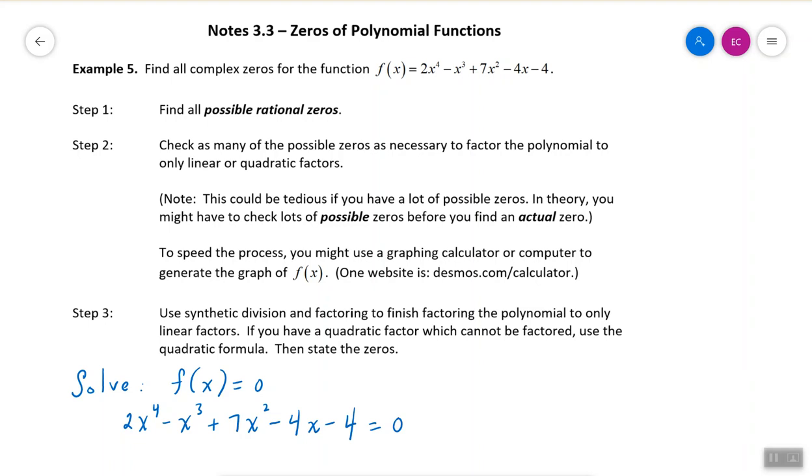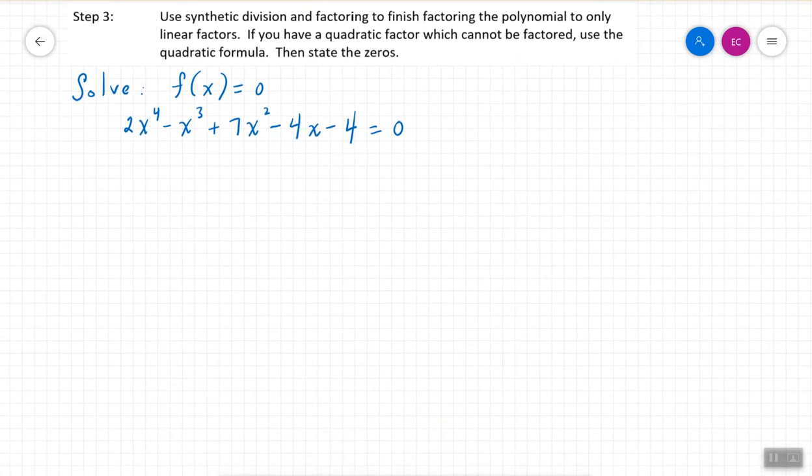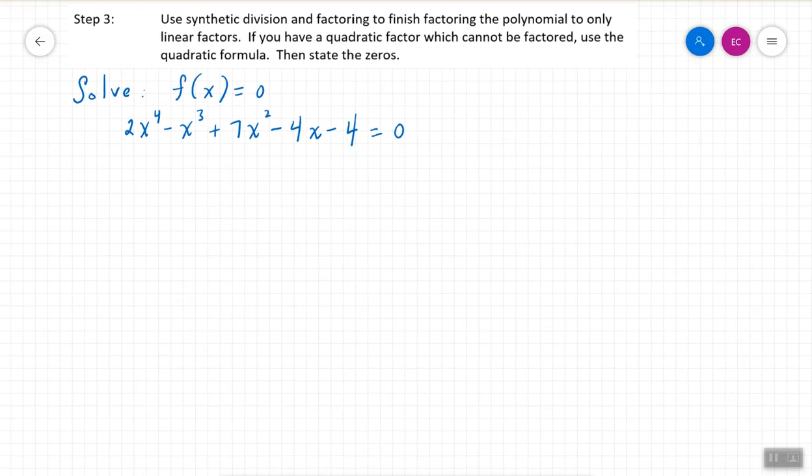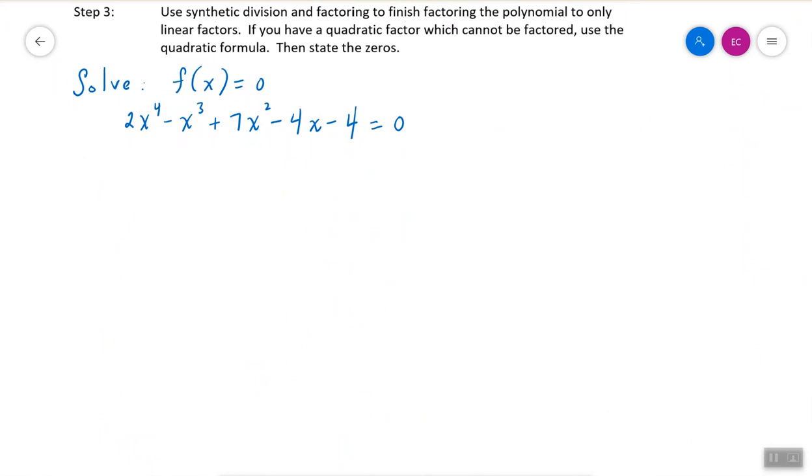This is quite an impressive equation. We never had a chance to solve something like this until we got here into chapter 3. And now we have some tools to get through this problem. So let's go ahead and start by writing out the possible rational zeros. So let's see here.